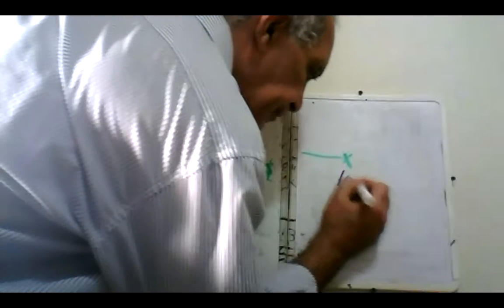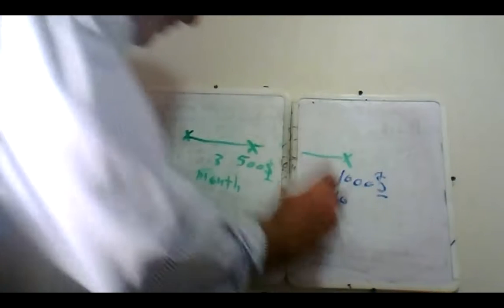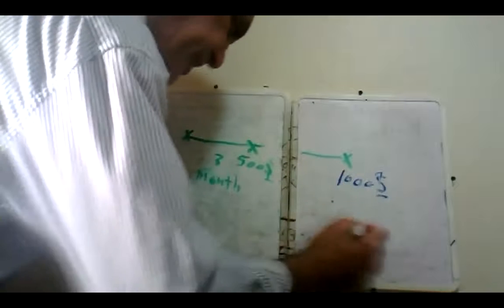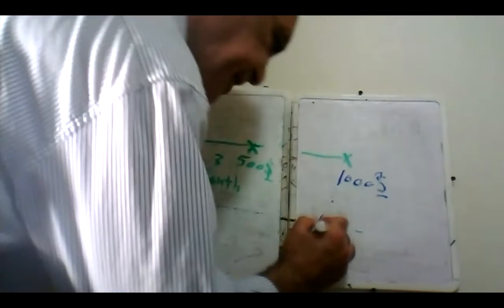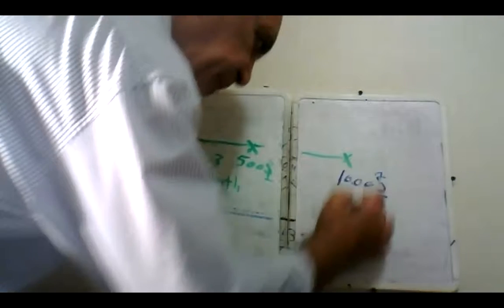And here, this amount is, let's say, $1,000, and the time is 10 months. So when you come to see here, this is 3 months and this is 7 months from this. So from the start itself, it is 10 months till this point. From the start till here, it's 3 months.